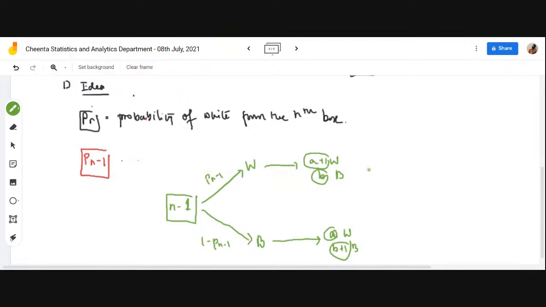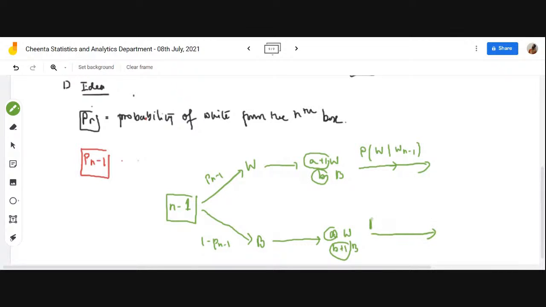Perfect. So now when you take out a ball from here, the probability of white turns out to be what? This probability is the probability of W given W n minus 1, that is, the n minus 1 ball is white, like you have picked out a white from n minus 1.